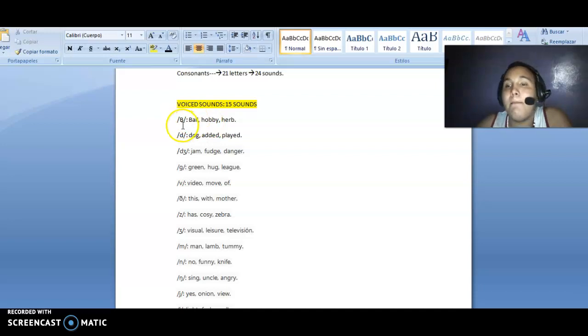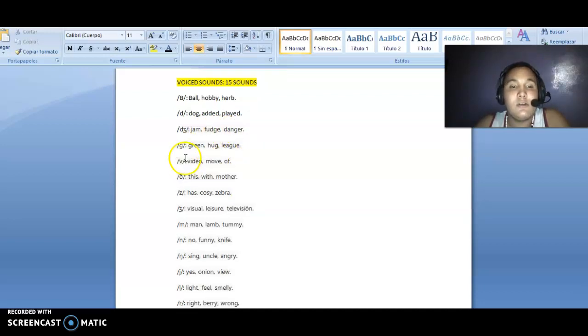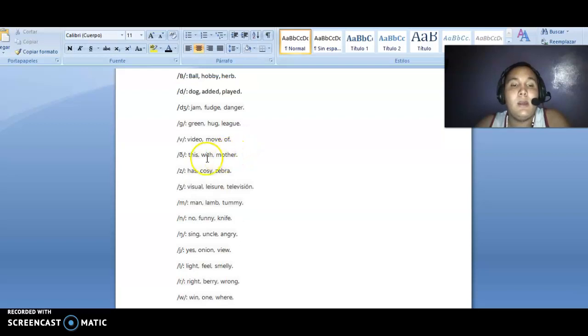B: ball, hobby, bird. D: duck, Annette, braid. J: jump, rush, jungle. G: gray, hunt, Lego, big.